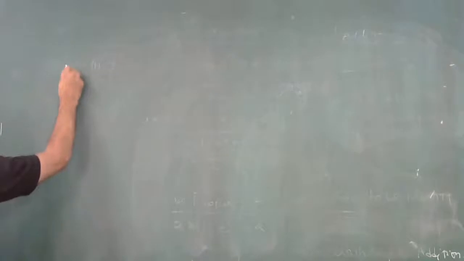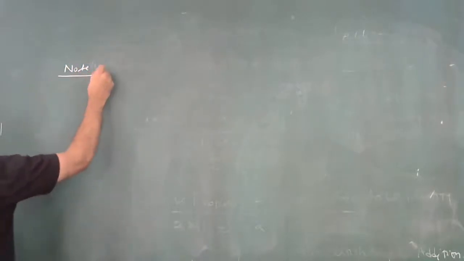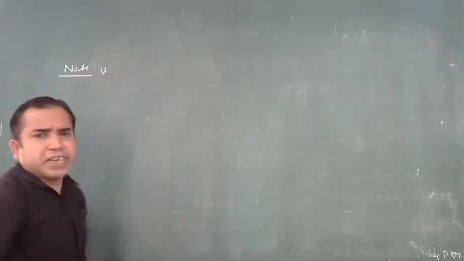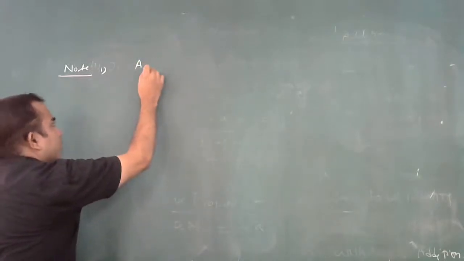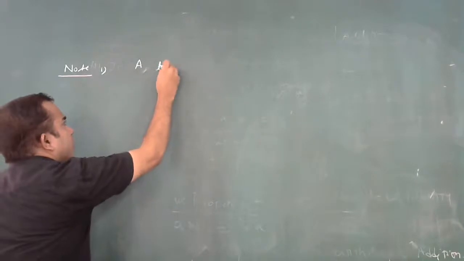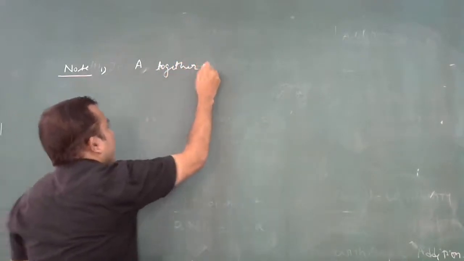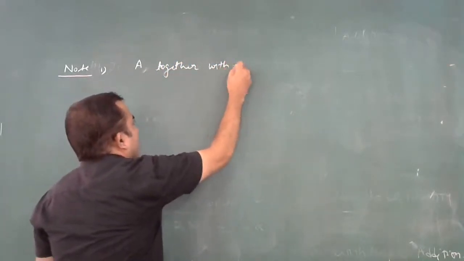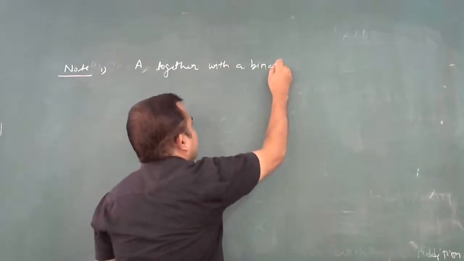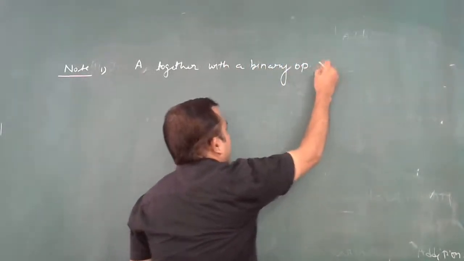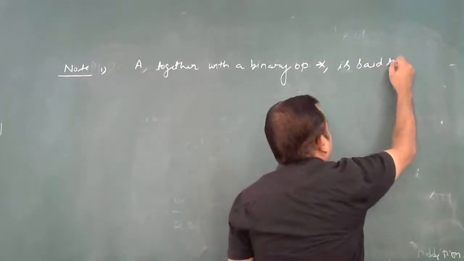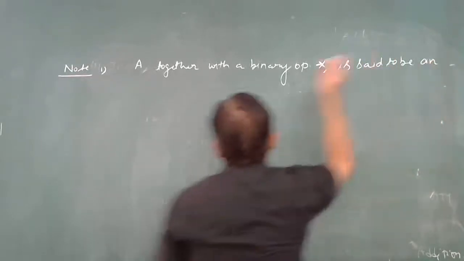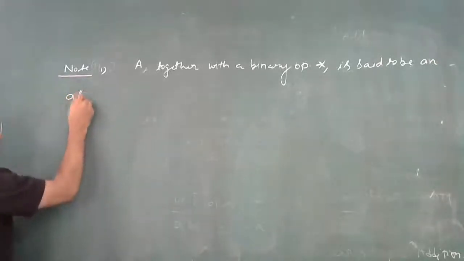और शॉर्ट में कि there are certain names that A together with the binary operation star is said to be an algebraic structure, right?